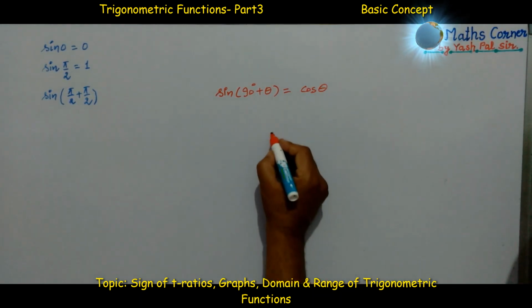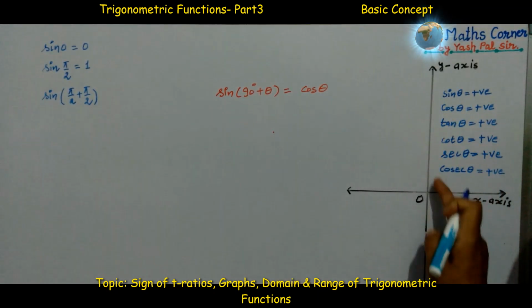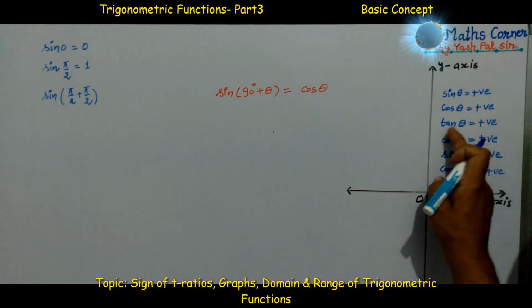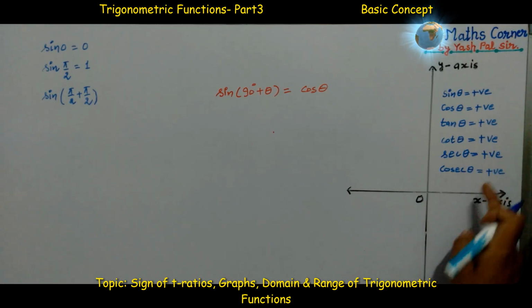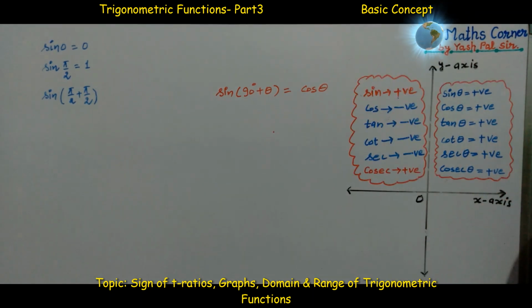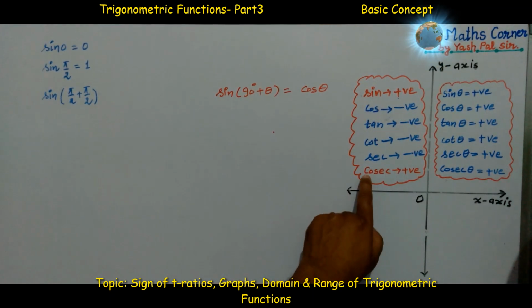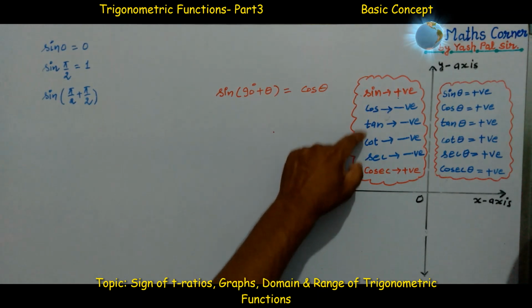Okay, also we know that in first quadrant all T ratios, sine theta positive, cos theta positive, tangent positive, cotangent positive, secant positive and cosecant positive. In second quadrant, only sine and its reciprocal, that is cosecant, are positive, and other four T ratios they are negative.